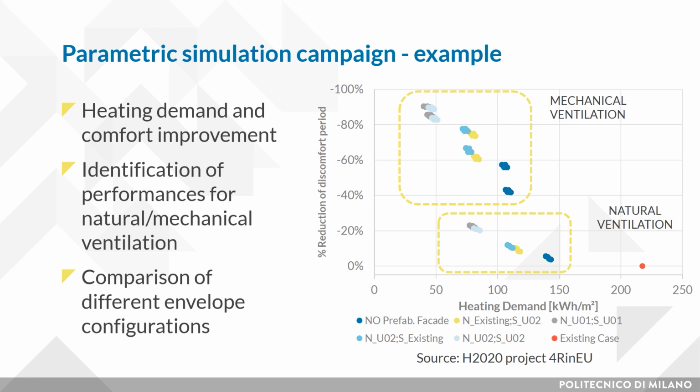For example, that the mechanical ventilation has a significant impact, especially on the reduction of discomfort periods. Another important evidence is that all the configurations without the prefabricated facades, blue spots, present lower performances in comparison to the other variants, and that there are no significant differences comparing different levels of transmittance of the envelope.